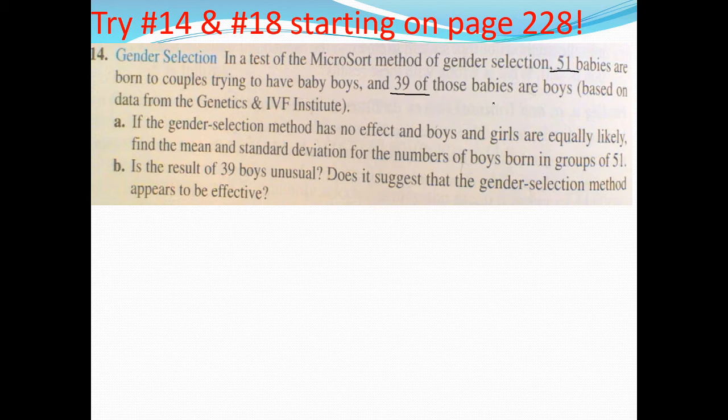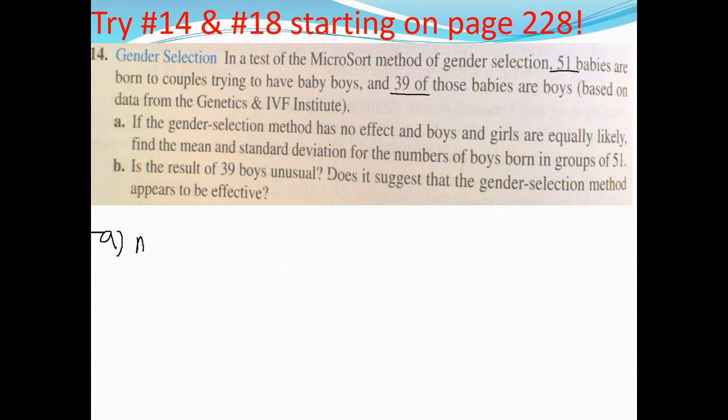So if the gender selection has no effect, and we're going to assume that boys and girls are equally likely, how many would we expect on average to get from 51 babies? If everything's normal, 50% chance of getting a girl, 50% chance of getting a boy, on average, how many of these 51 babies would we expect to be boys? Well, let's see here.